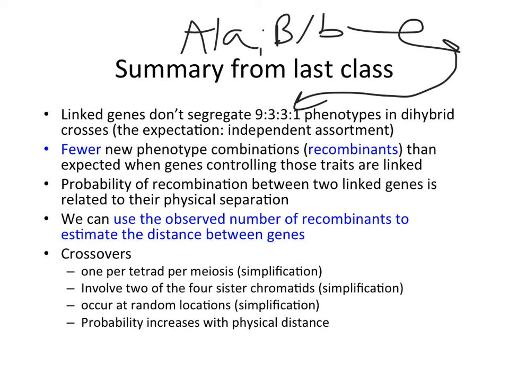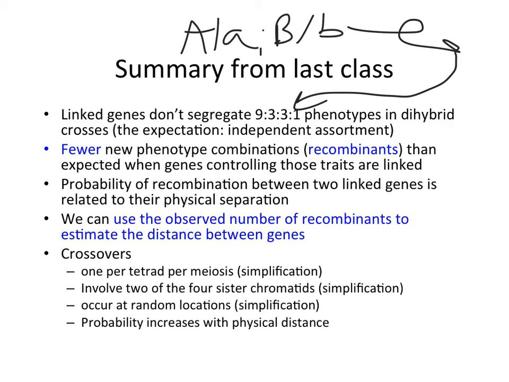How does this change our expectations? We have to talk about parental types and recombinant types. So if we don't have independent assortment, who do we see more of and who do we see less of? If there's linkage, if there's dependent assortment, if alleles are stuck together, then we see more parentals.